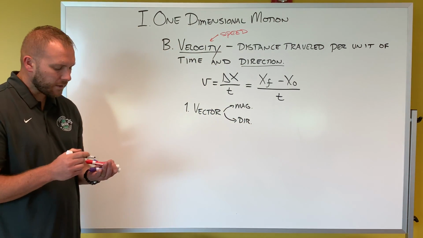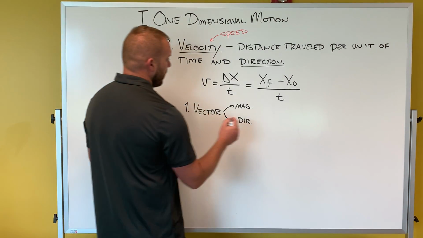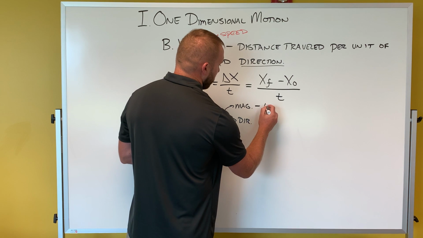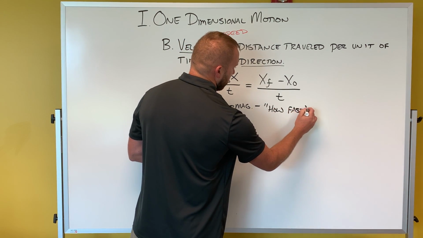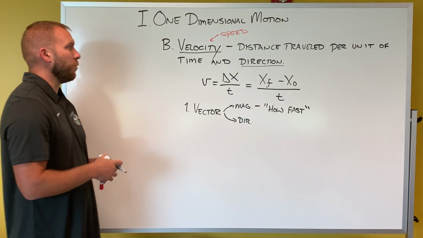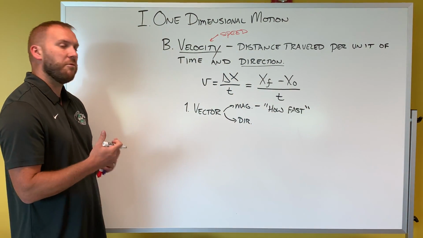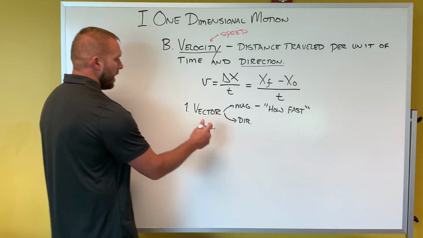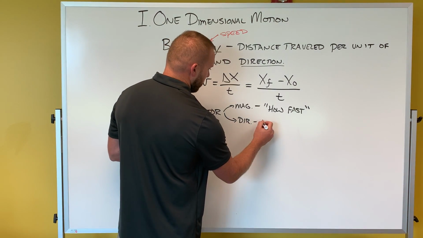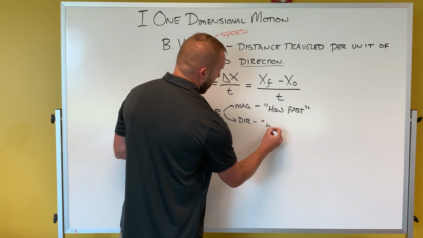The magnitude in terms of velocity tells us how fast. If we're talking about the rate at which something is moving, how fast is it actually moving? That's what the magnitude tells us. The direction basically tells us which way.